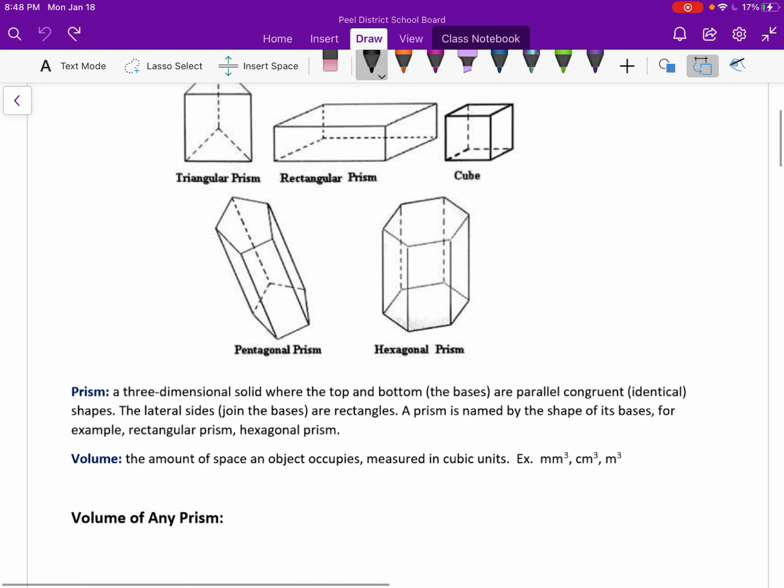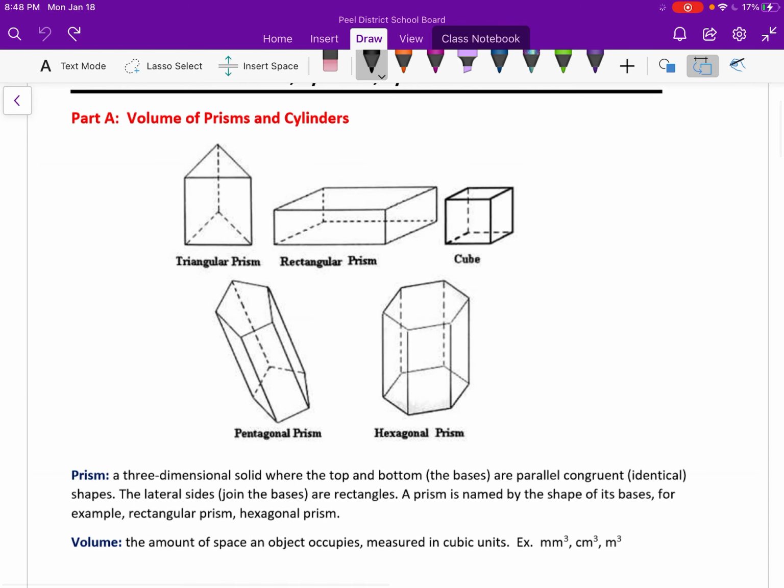For example, a rectangular prism here will have a rectangular base. A pentagonal prism will have a pentagonal base. A hexagonal prism will have a hexagon as a base. A cube will have a square as a base. A triangular prism will have a triangle as a base.